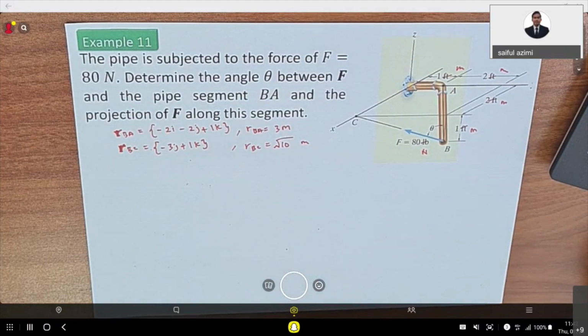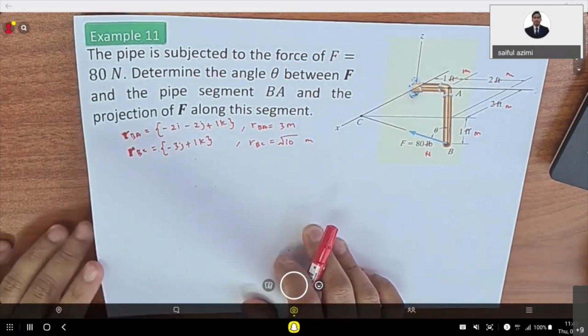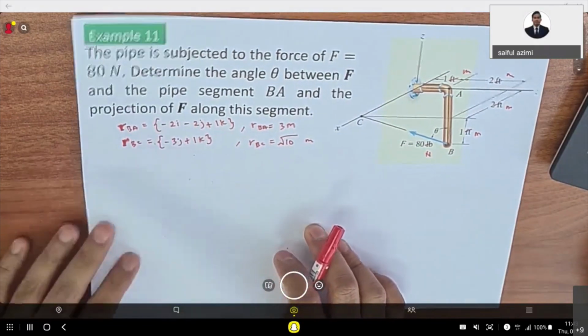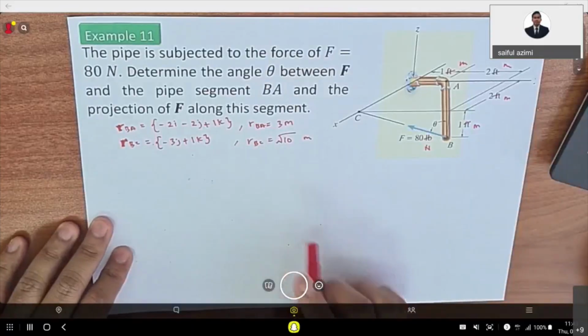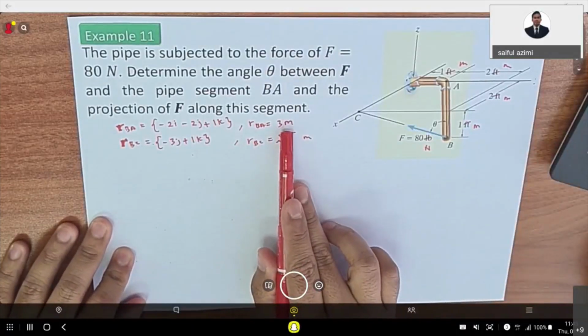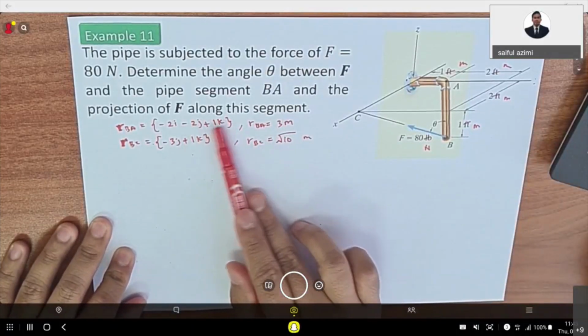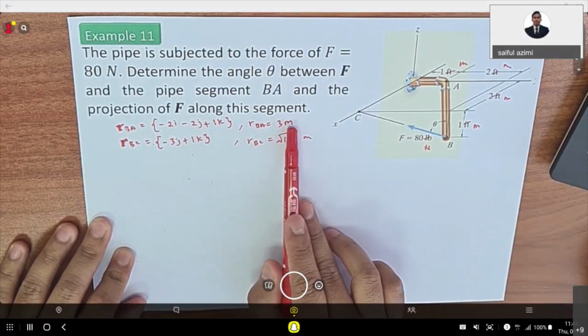Hello? I don't think we remember. Negative 2 over 3 maybe. Negative 2 over 3 and 1 over 3. RBA over RBA. Oh yes, that is the unit vector. But how do you want to find the length? This is the position vector. This is the length.